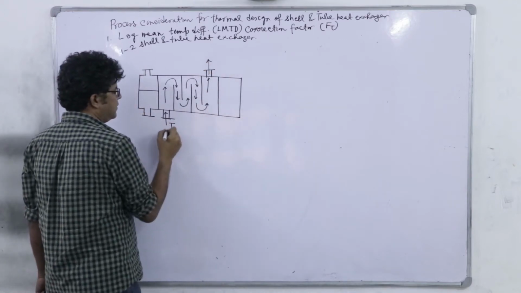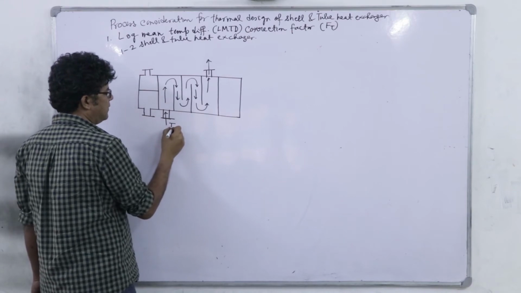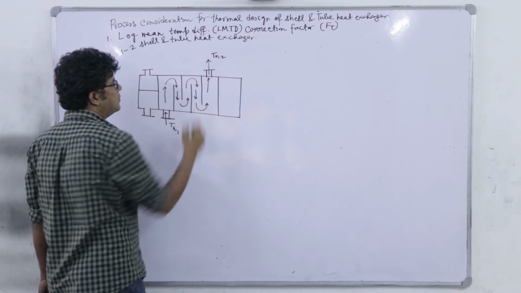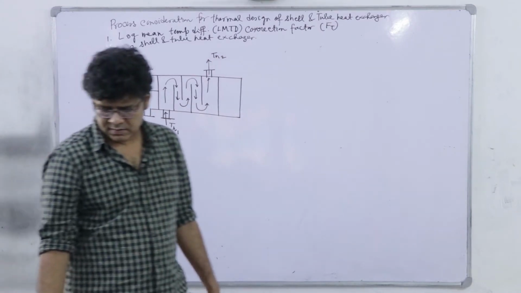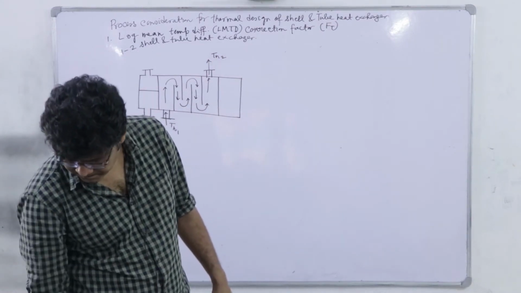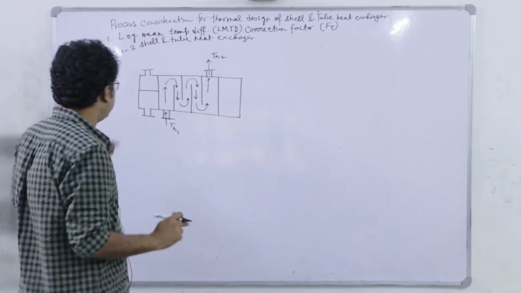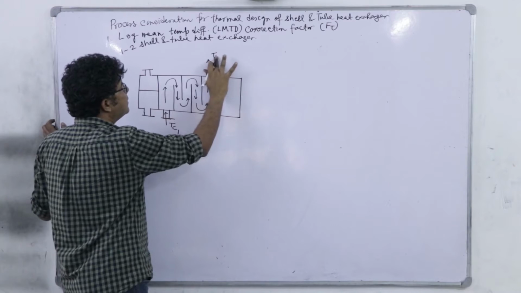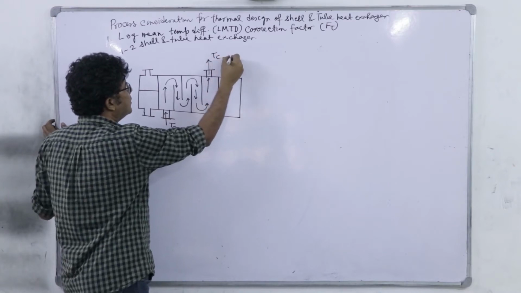Let's say in the shell we have the cold fluid, TC1 at inlet and TC2 at outlet.